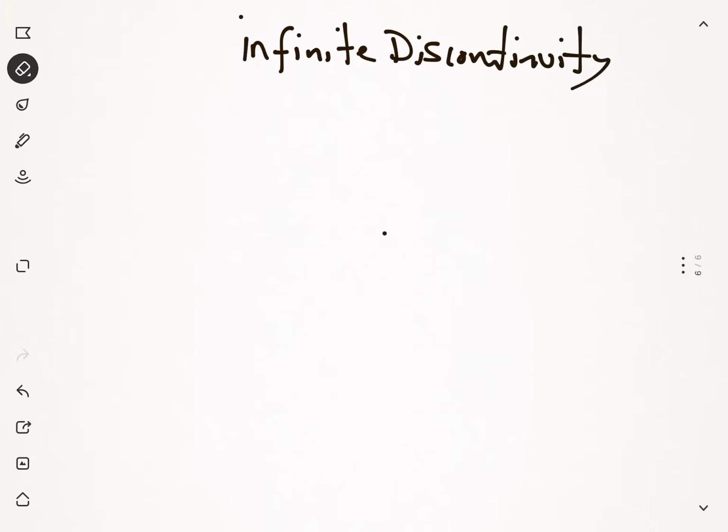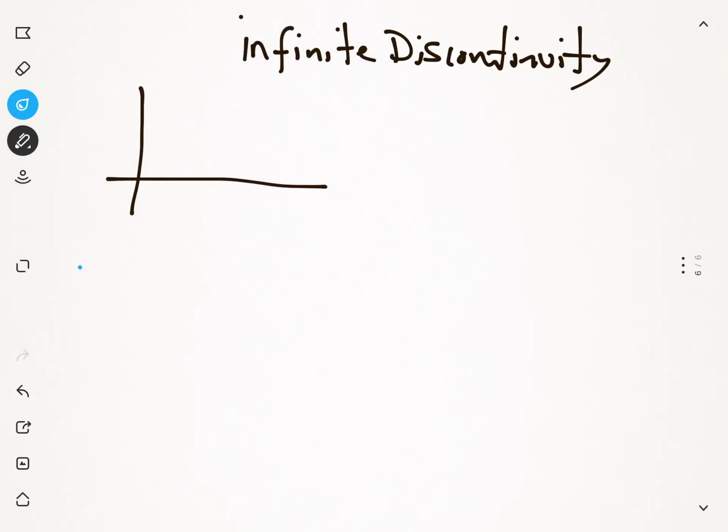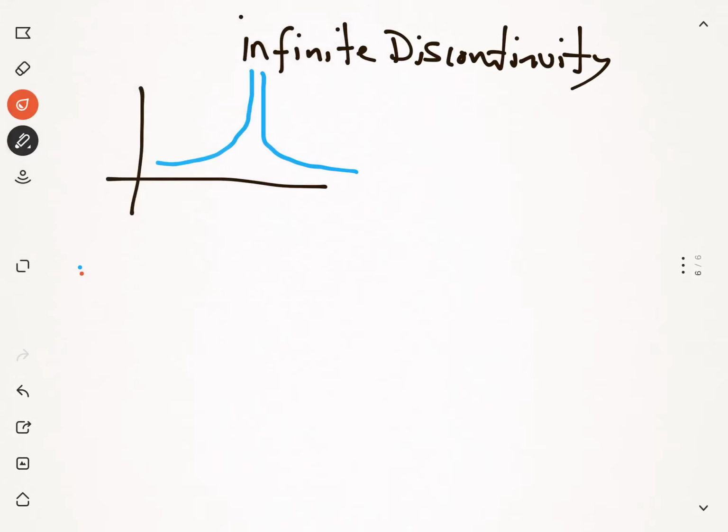Now, we also have something called infinite discontinuity, and it looks something like this. Infinite discontinuities have asymptotes in them.